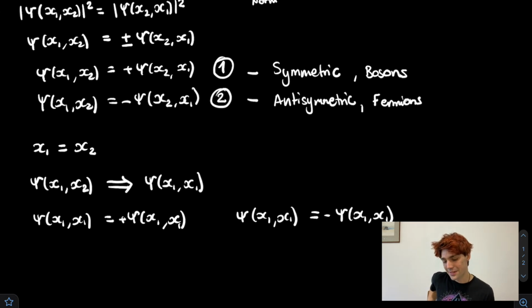So fermions, if we let x1 equal x2, we do not get a valid solution. So this is crucial. This is absolutely paramount to basically the entire field of chemistry. This is where chemistry inherently comes from. Just this one little mathematical detail right here.